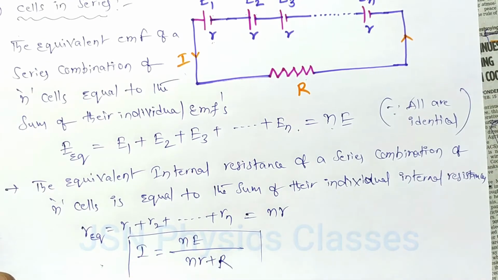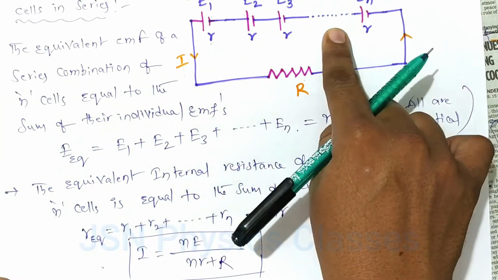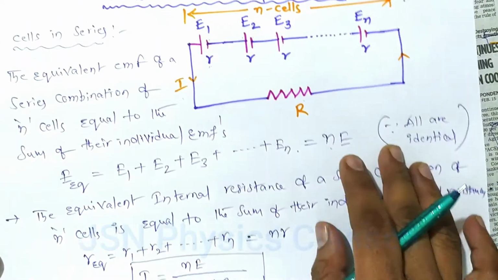So now this is the current passing through the circuit when all the batteries are in series connection.